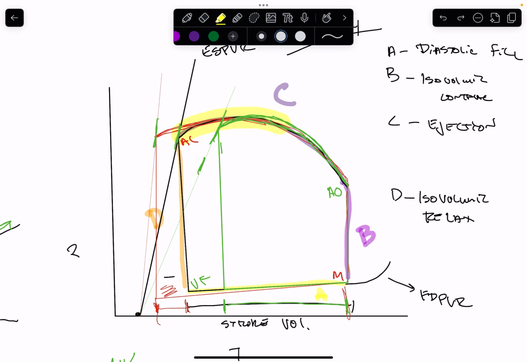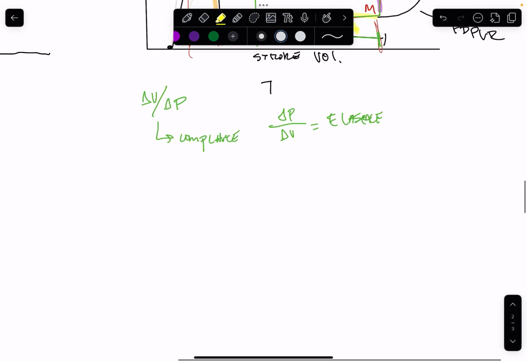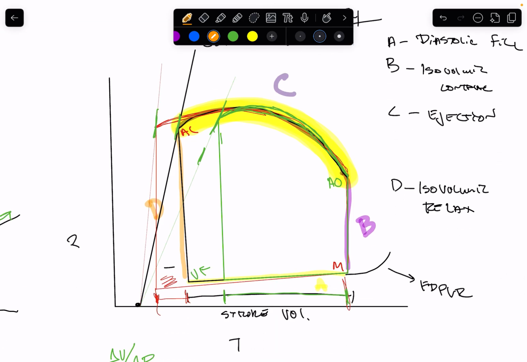So this line, this area, is what we call afterload. And so afterload is essentially the pressure that the ventricle must work against as blood is being ejected from the heart during contraction.